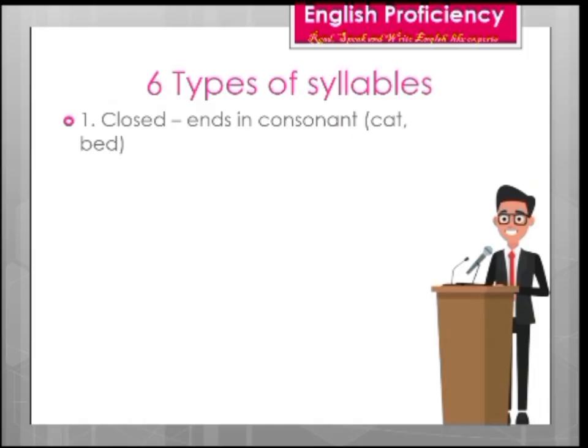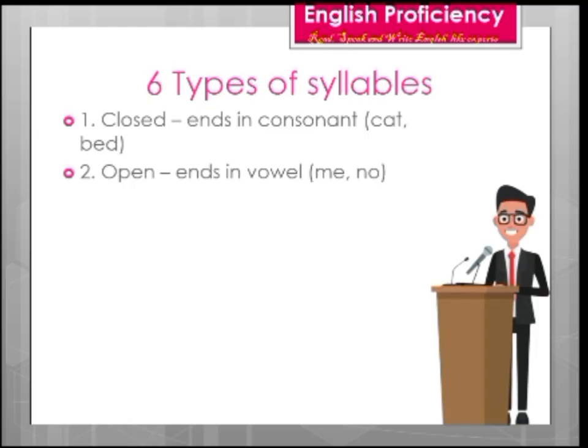So let's look at some examples. Apple, it ends with a vowel. But if you look at cat, it ends with a consonant. So when it ends with a consonant, we have a closed syllable. When it ends with a vowel, we have an open syllable.